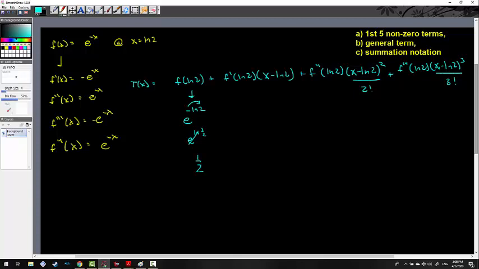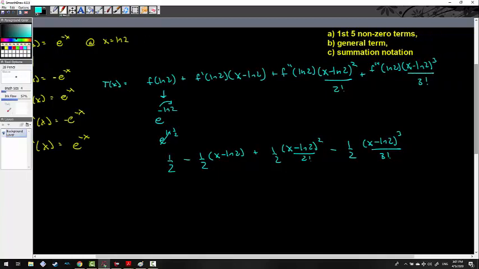Now, the next one, for f prime, is going to be the negative version of that 1/2. So negative 1/2, and then (x - ln 2). And then plus f double prime is going to be the positive version again. So it'll be 1/2 (x - ln 2)^2 over 2 factorial, minus 1/2 (x - ln 2)^3 over 3 factorial.